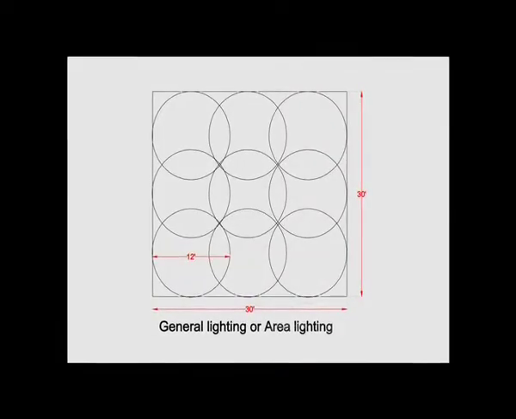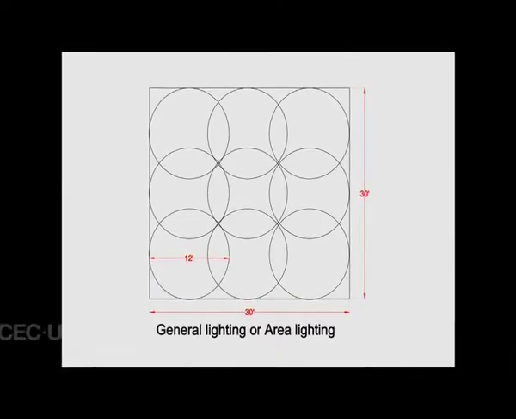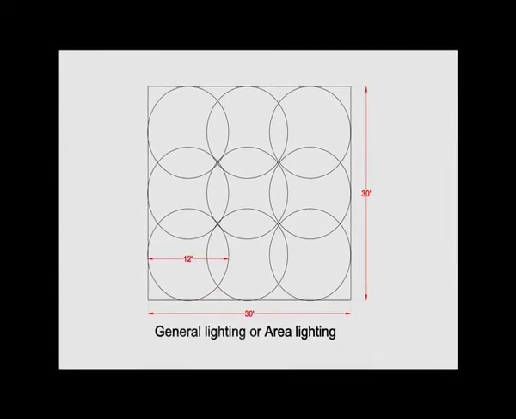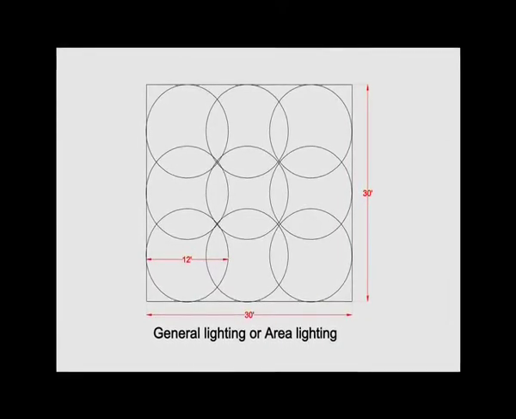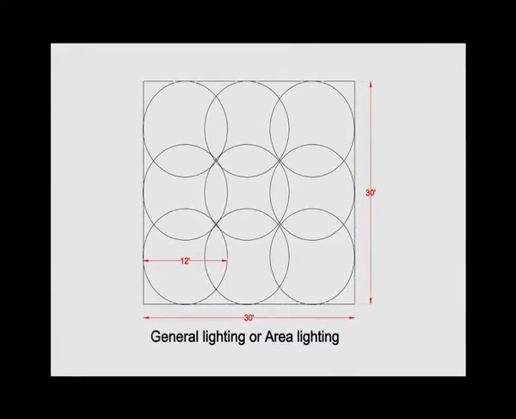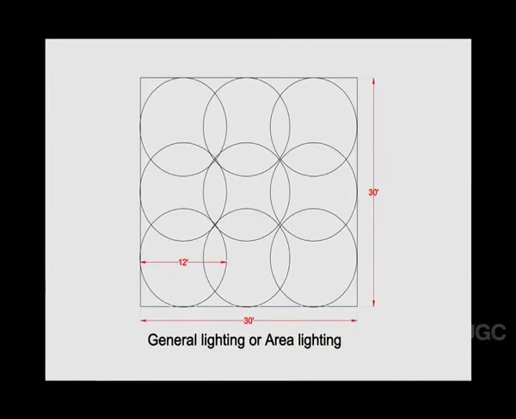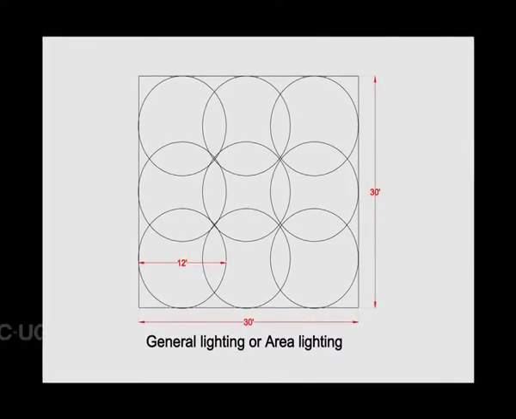For an acting area of 30 feet by 30 feet, it is preferable to divide it into 9 areas of 10 feet by 10 feet each. The area for lighting should have a diameter of 12 feet each.